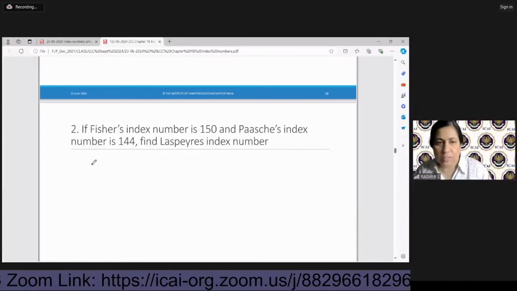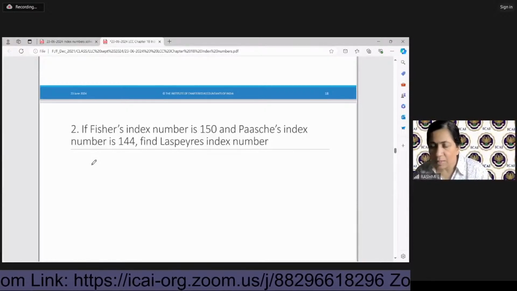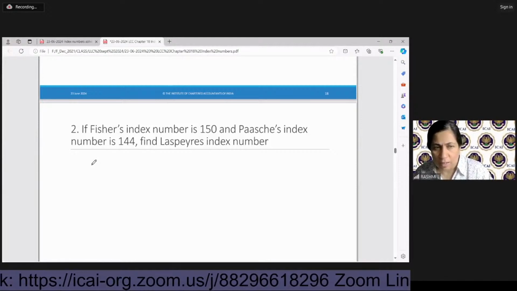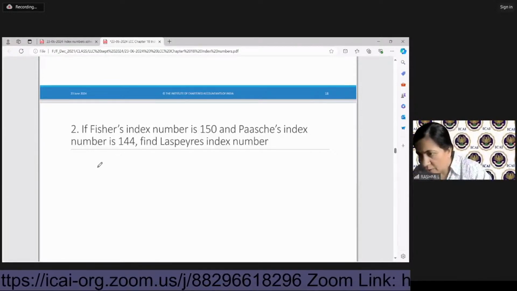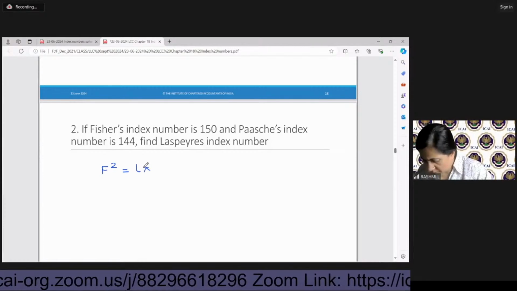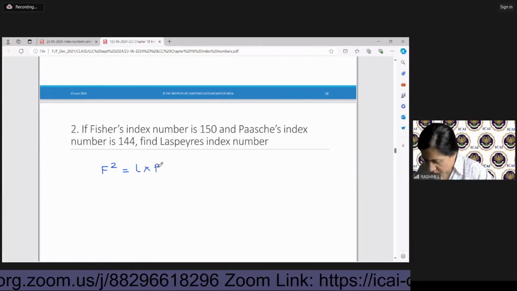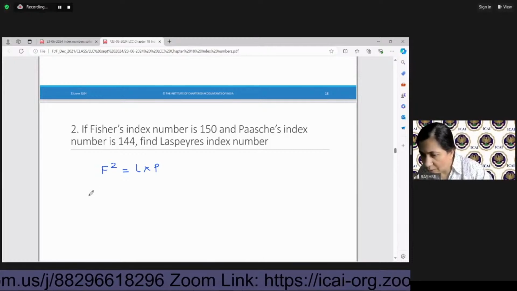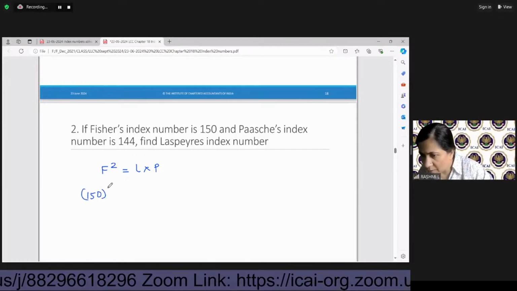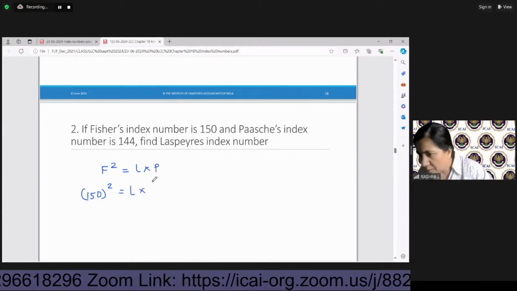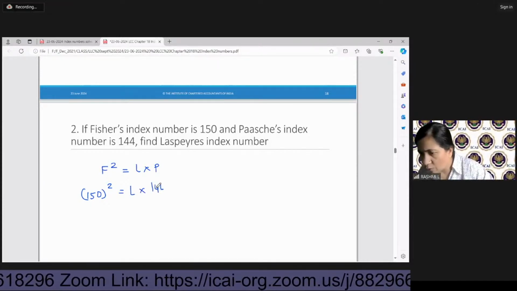Okay. If Fisher's index number is given, partial is given, and then Fisher F square is equal to L into P. So Fisher is 150 square. Partial is how much? 144.